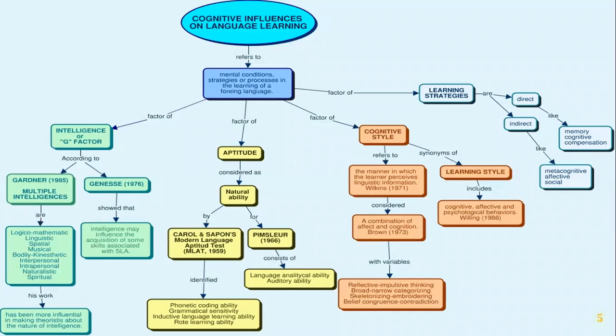We saw, for example, the cognitive influences on language learning, which refers to the mental conditions, strategies, or processes in the learning of a foreign language, and includes 4 factors: intelligence, aptitude, cognitive style, and learning strategies.